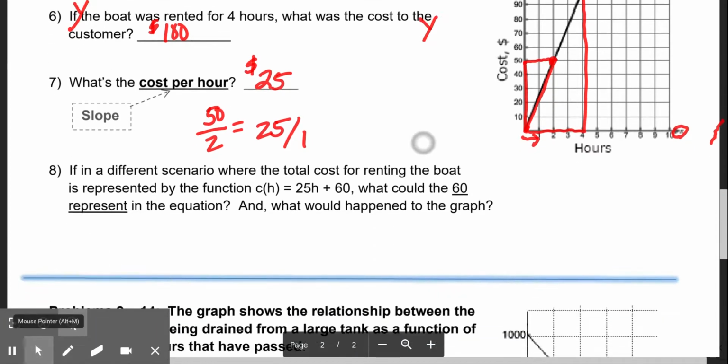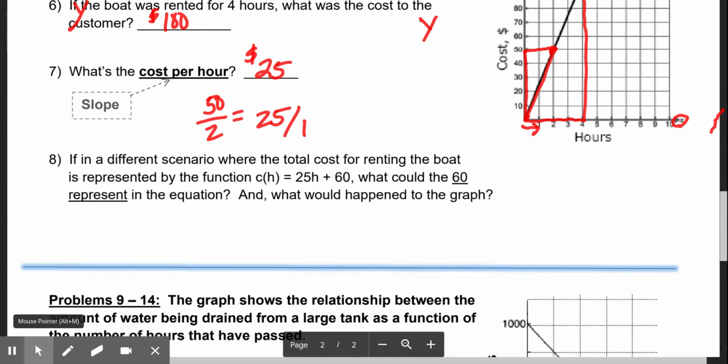All right, and then number 8 says, in a different scenario where the total cost for renting the boat is represented by the function C of H, remember C of H is the same thing as just y equals. So this is the same thing as y equals $25 per hour plus 60.